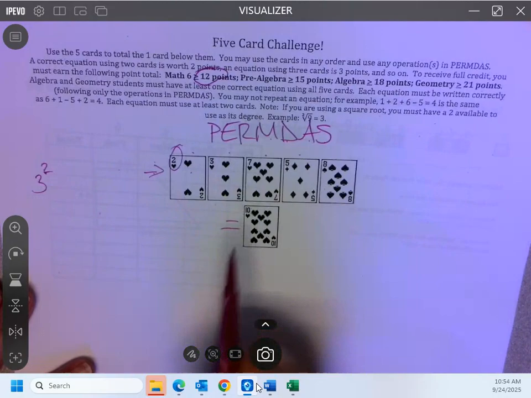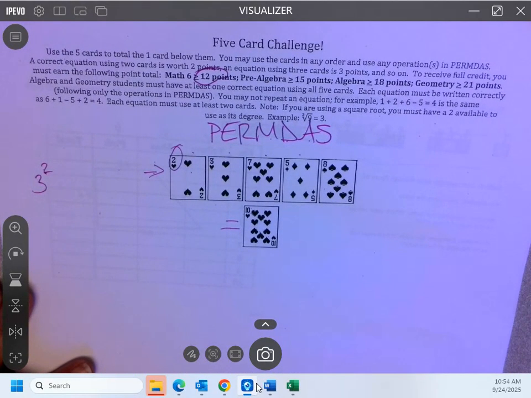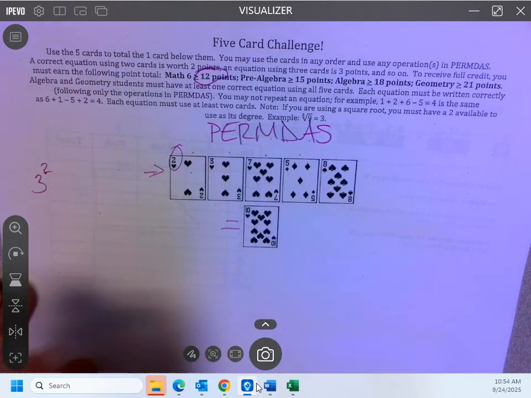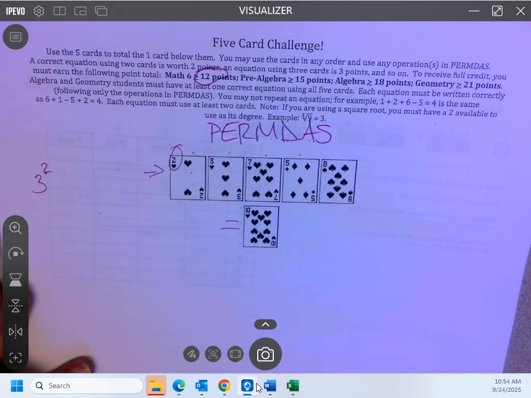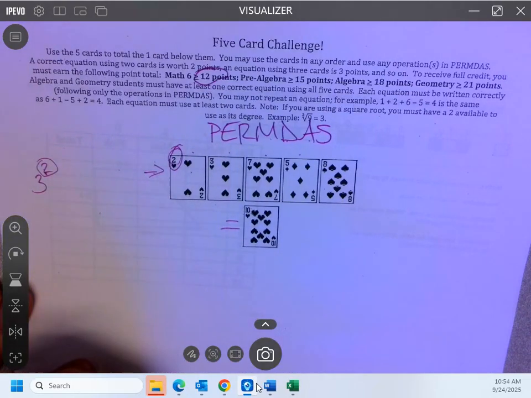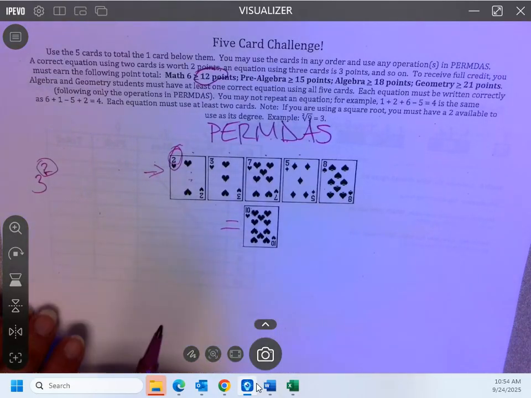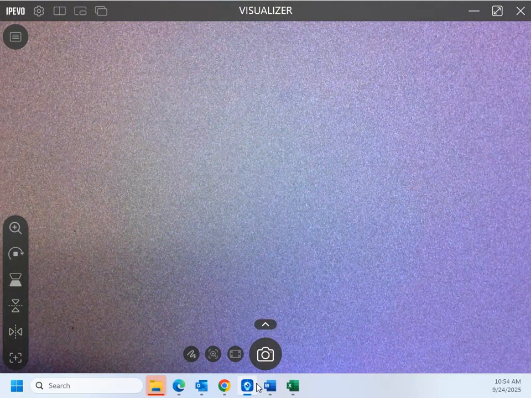Now we want it to equal 10. So I'm not sure how we could rearrange all these numbers, adding, subtracting, multiplying, and dividing. But just know that if you have a 2, then you can do the squaring or a square root. Okay? But you have to have that 2 there in order to square it. So something fun if you want to play around with that.